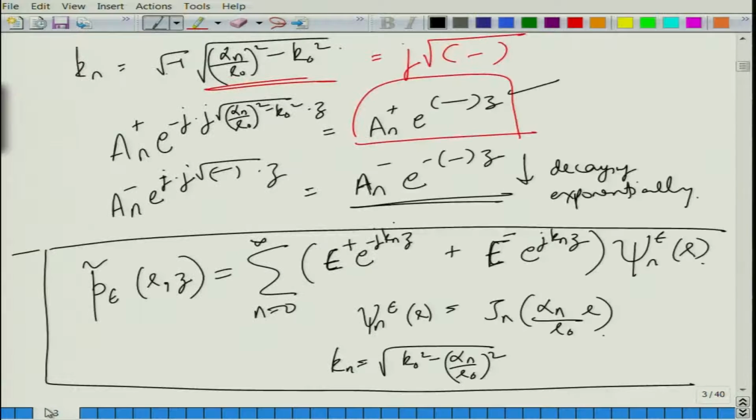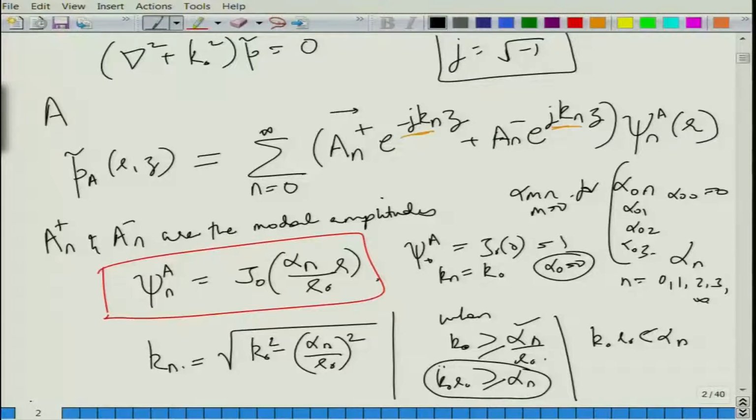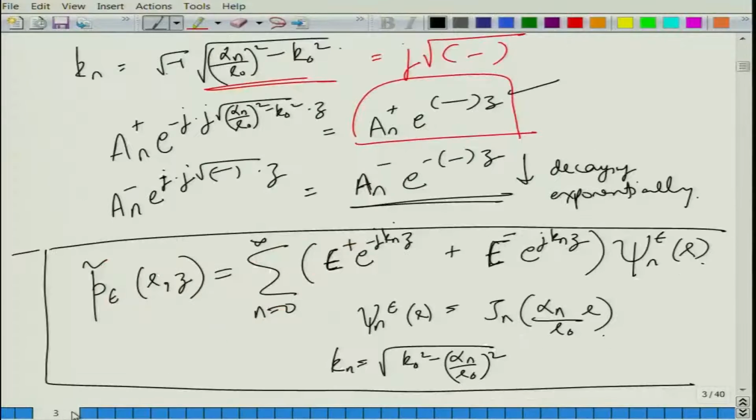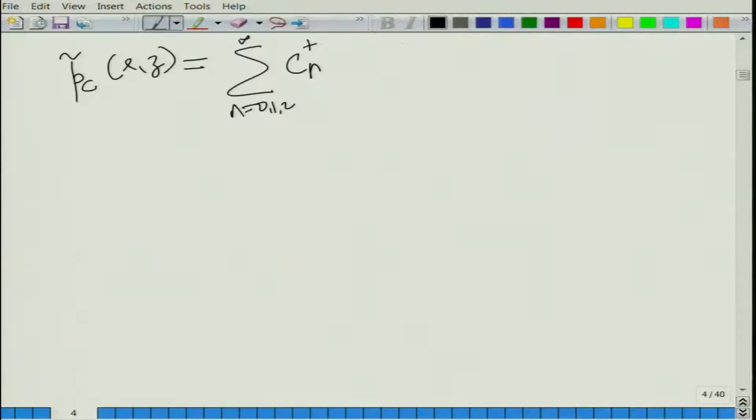And what was it? Yes, this was n here, minus j k n, this is the chamber thing, into z you can consider, and c n minus j k n c z, and here you will have your psi n c r.